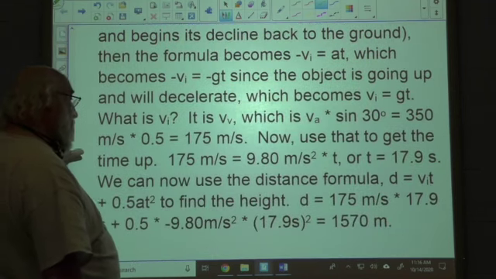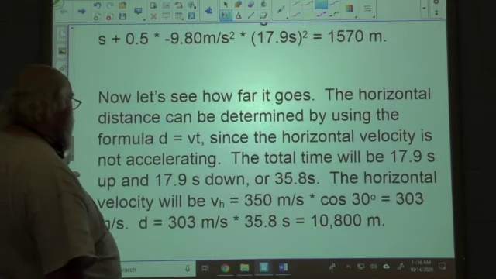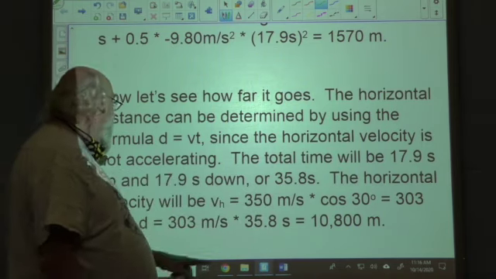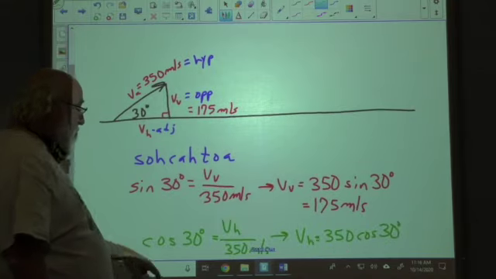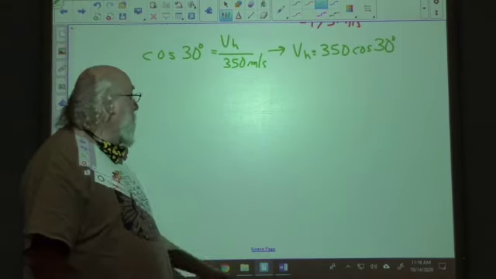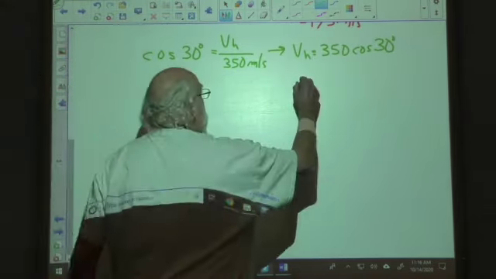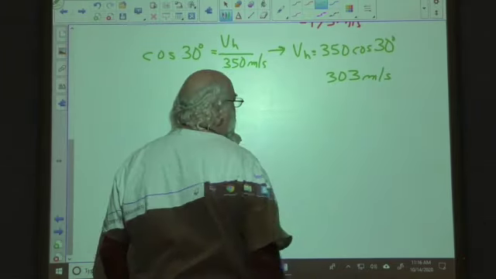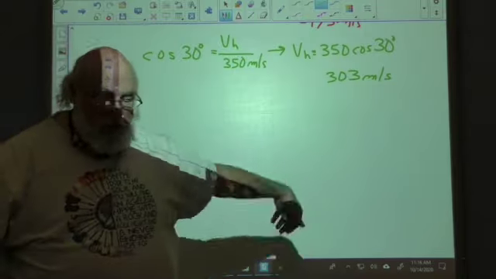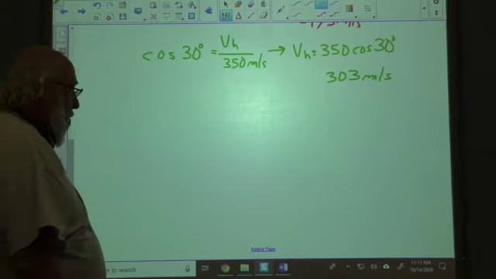Oh, I didn't do it yet. Okay, it's down here. VH is 350 times cosine 30, that's 303 meters per second. I guess I did it kind of differently from what my script was, but ain't no thing. So that is 303 meters per second. Yes, we're going to use that later. That's why I have it so much later in the script.